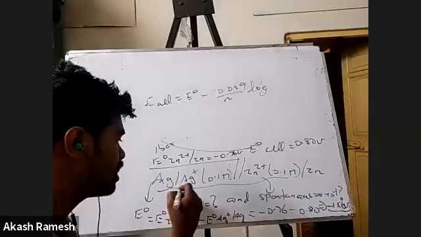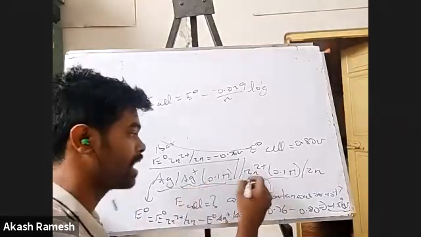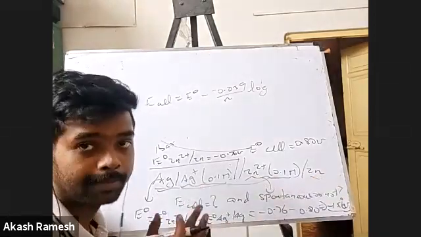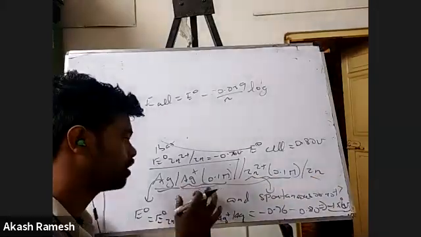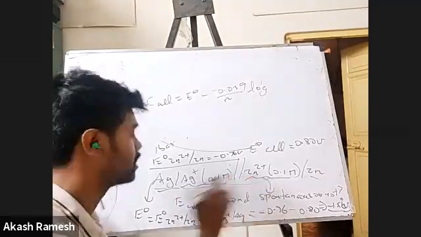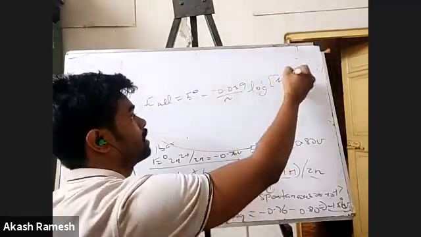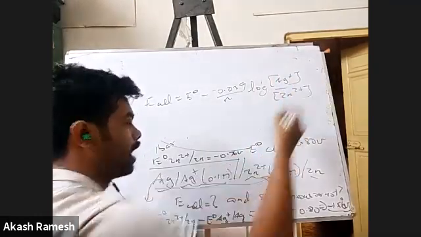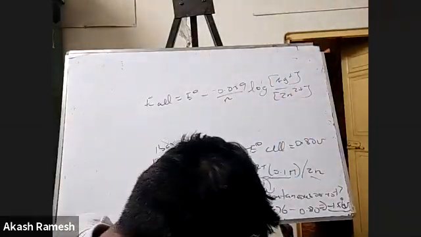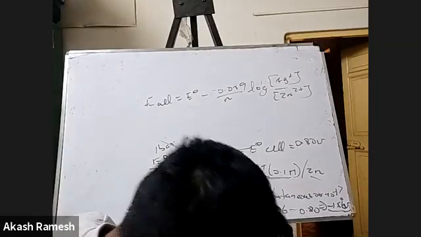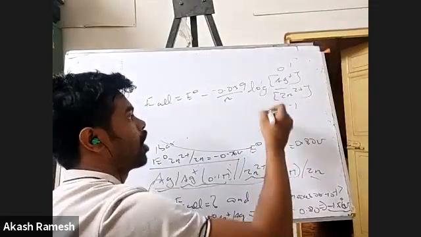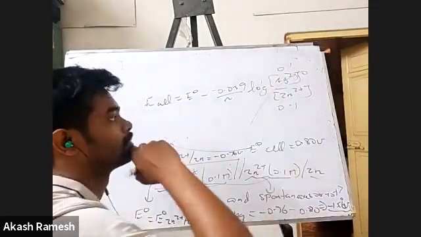In the product, Ag plus is there. In the reactant, Zn2 plus is there, and Ag and Zn are solids, so we will not include them. So it will be concentration of Ag plus divided by concentration of Zn2 plus. And don't tell me both are 0.1. Yeah, both are 0.1, so this is log 1.